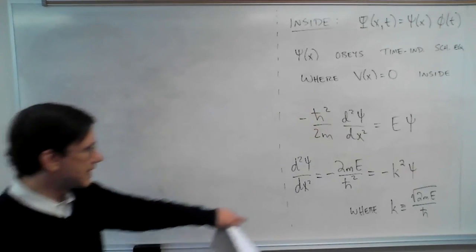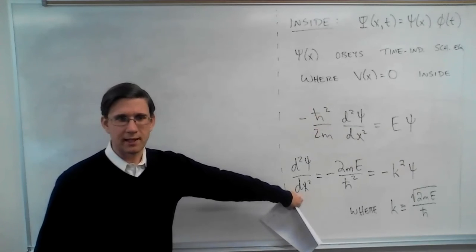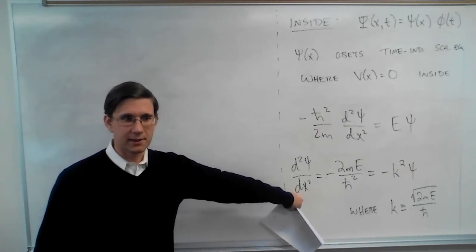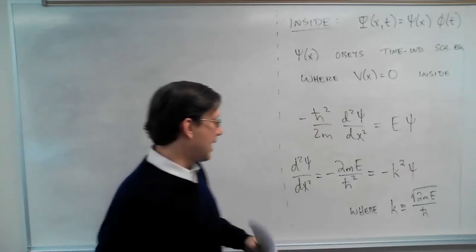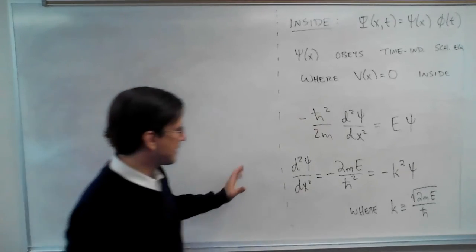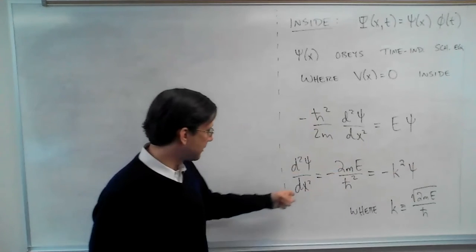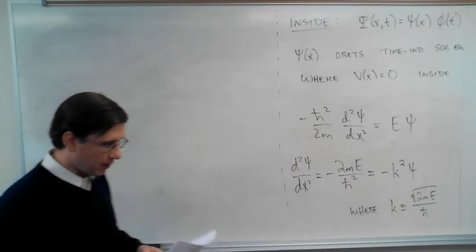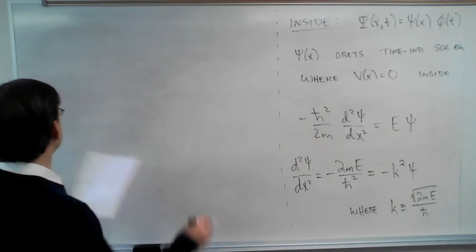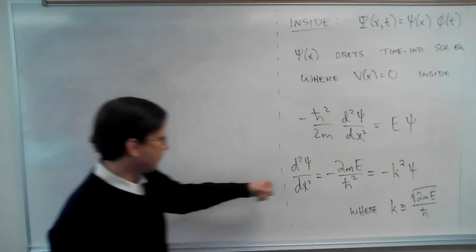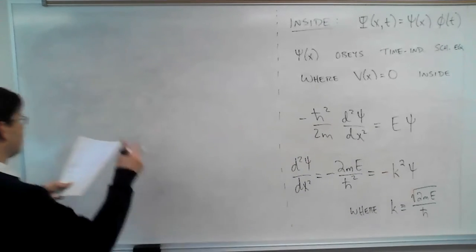This is exactly the differential equation that describes a simple harmonic oscillator. Springs and electromagnetic fields, anything that oscillates periodically in time, like a sine or a cosine, obeys this differential equation.